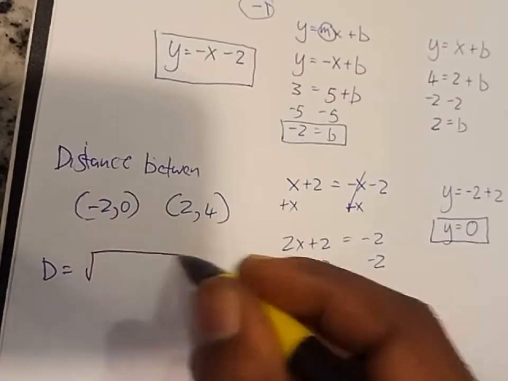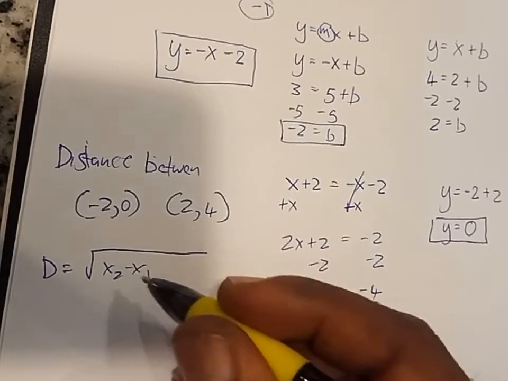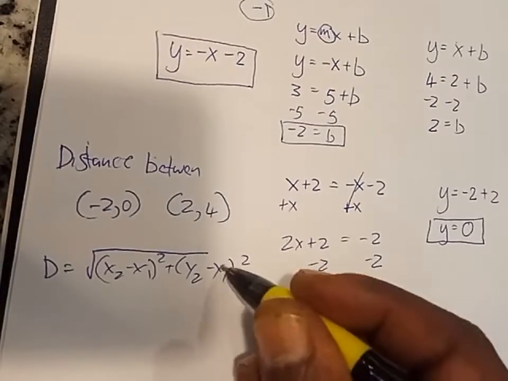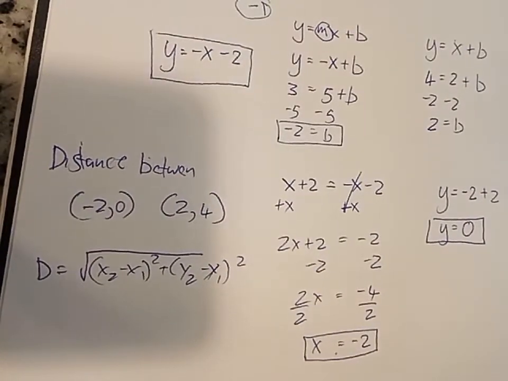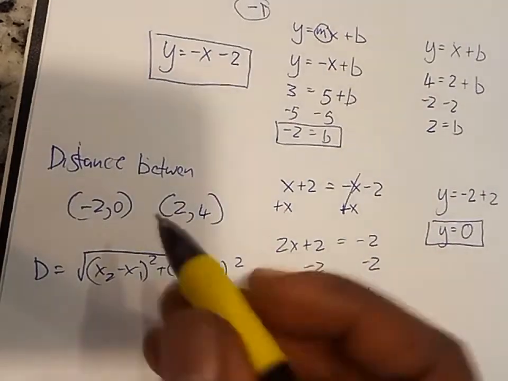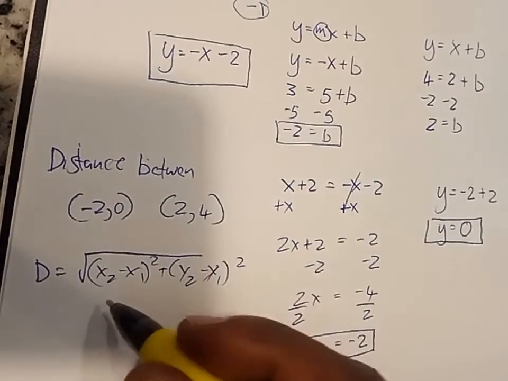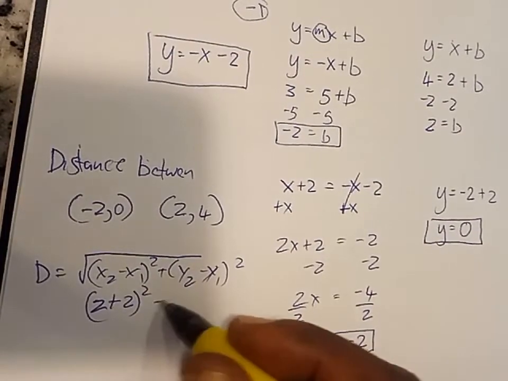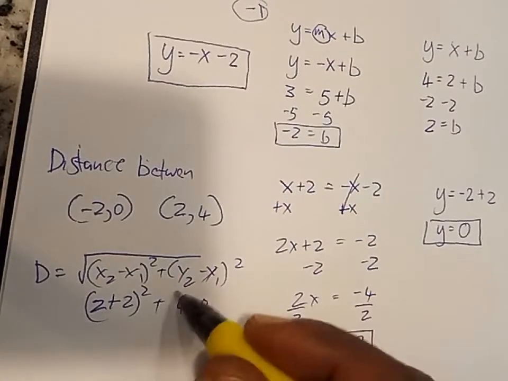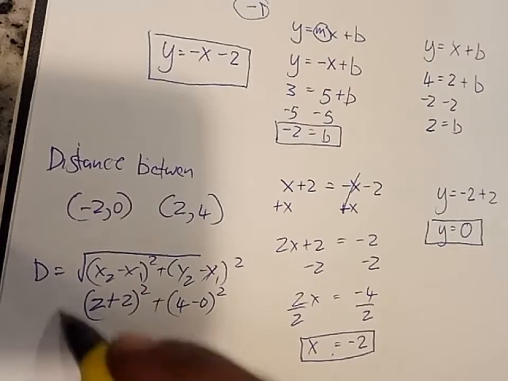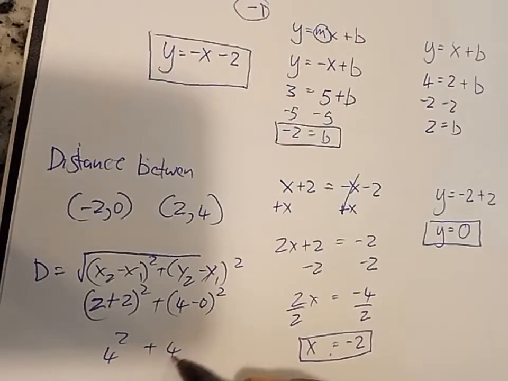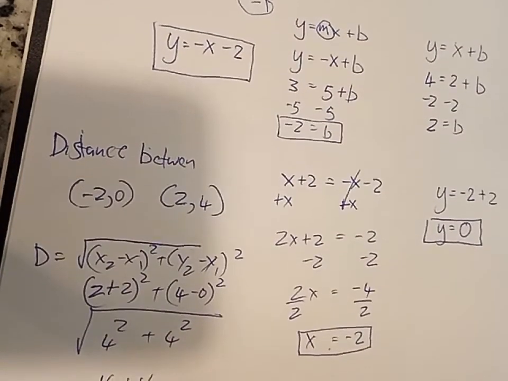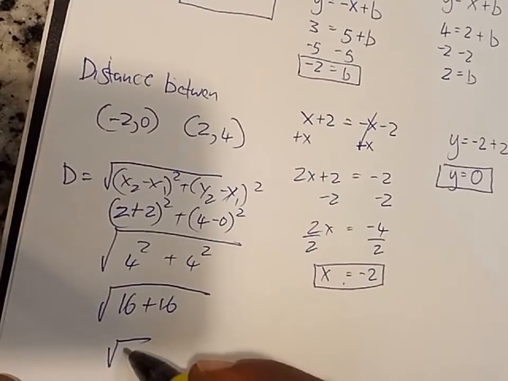Distance is equal to the square root of x2 minus x1 squared plus y2 minus y1 squared. 2 minus minus 2 is 2 plus 2 squared. 4 minus 0 squared. Of course, everything under the square root. So that's 4 squared plus 4 squared. That's 16 plus 16. It's the square root of 32.